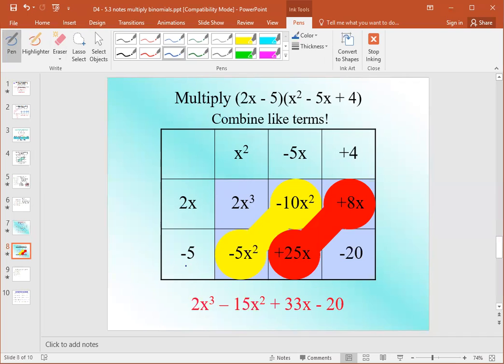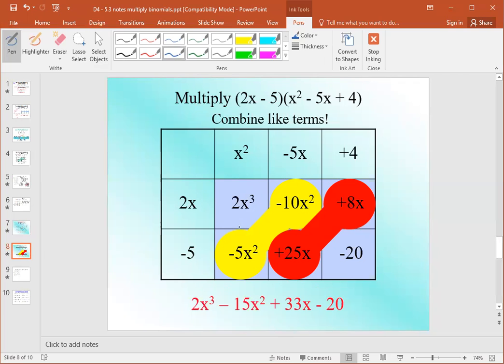Now we come and we do it again. Negative 5 times x squared is negative 5x squared. Negative 5 times negative 5x is positive 25x. And negative 5 times positive 4 is negative 20. Remember last time we had to combine the diagonals. That's where our like terms were.